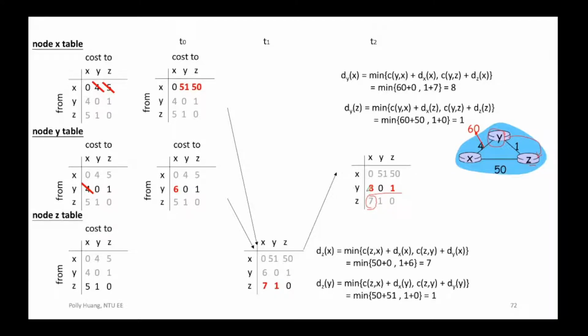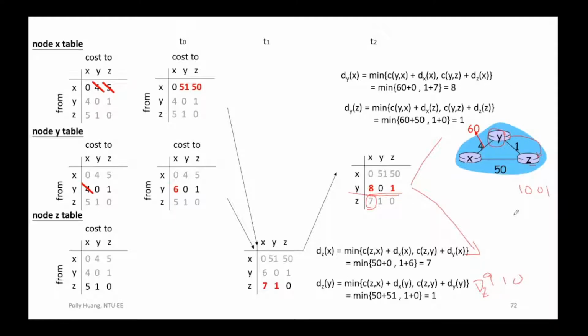In fact, because y here is going to announce dy also to all the neighbors, z is going to recalculate the dz. And guess what? The next is going to be 9, 1, 0. And back to y, 10, 0, 1.